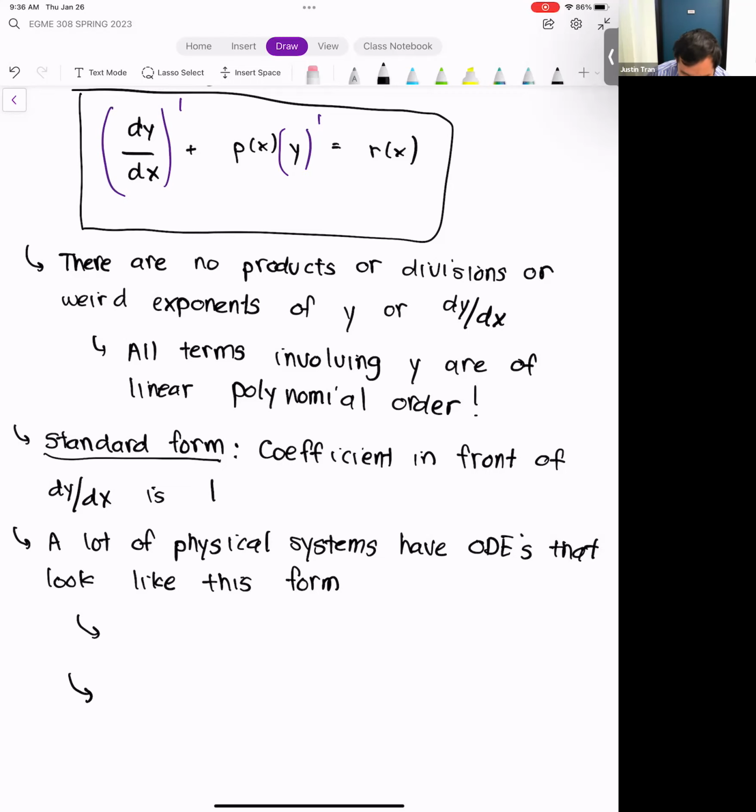And so sometimes what you'll see is that when you solve for the solution y, y is sometimes called the response of the system. Okay? So that basically tells you how the physical system is going to respond to physical stimulus. Okay?